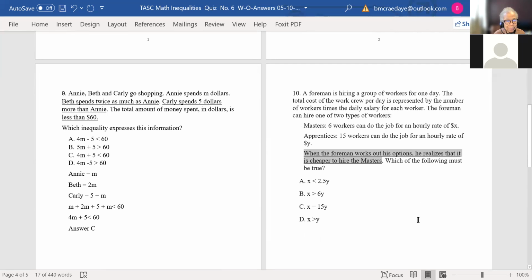So how would I write that as an inequality? Masters are 6 times x. The apprentices are 15 times y. How would I write that 6 times x is less than 15 times y?